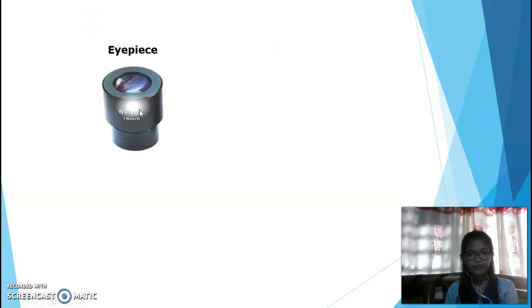There are optical parts of the microscope and their functions. The optical parts of the microscope are used to view, magnify, and produce an image of a specimen placed on the slide. These parts include the eyepiece, also known as the ocular. This is the eyepiece.